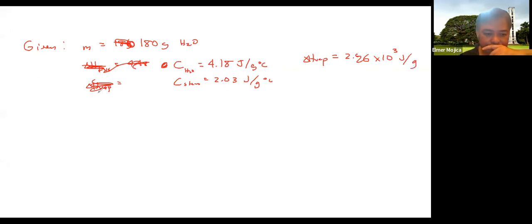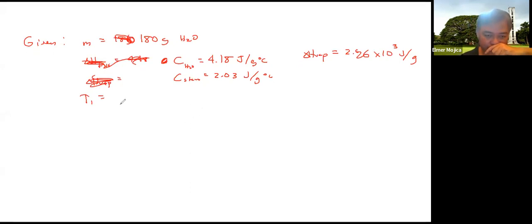So ano yung temp? Although the solution is given there, I just want to show you how it's being done. 10 degrees Celsius to 105. So ano yung mga transition na dadaanan niya? So you have water.